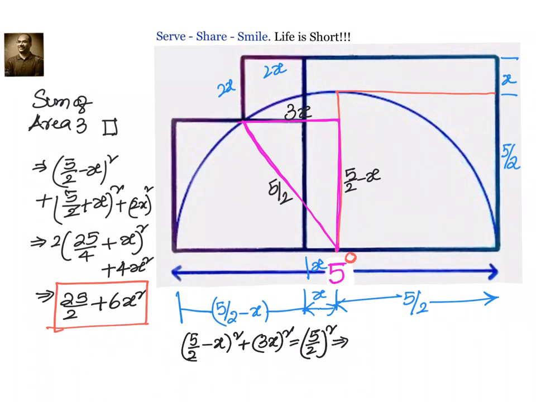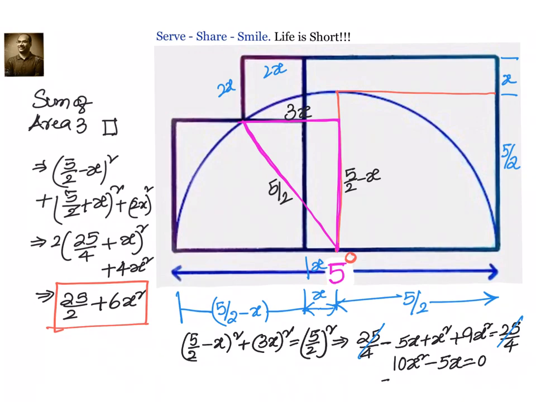That will give us 25 by 4, using the (a minus b) whole square formula, minus 5x plus x square plus 9x square is equal to 25 by 4. We can cut off 25 by 4 on both sides. Simplifying, we will have 10x square minus 5x is equal to 0.